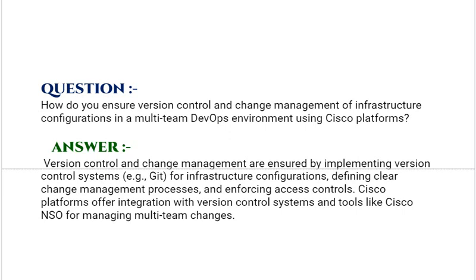Your answer should be: version control and change management are ensured by implementing version control systems, for example, Git, for infrastructure configurations, defining clear change management processes, and enforcing access controls. Cisco platforms offer integration with version control systems and tools like Cisco NSO for managing multi-team changes.